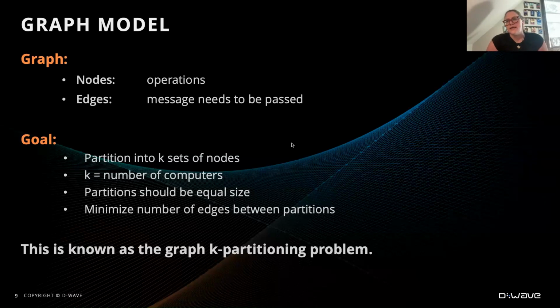Our goal is to take this graph and partition it into sets of nodes where the number of computers corresponds to K, the number of sets that we're partitioning into. We want to make sure that these partitions are equal size, and our optimization goal is to minimize the number of edges between partitions. So I have a couple of questions, and we'll kind of go through these.